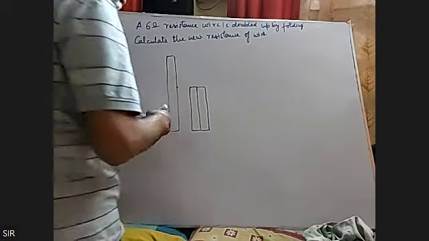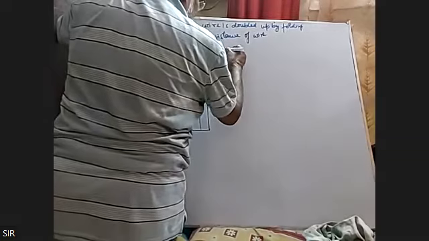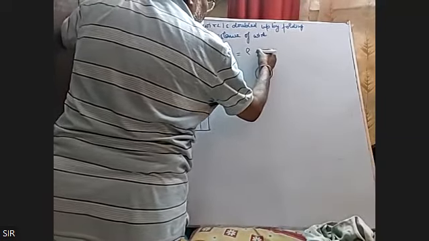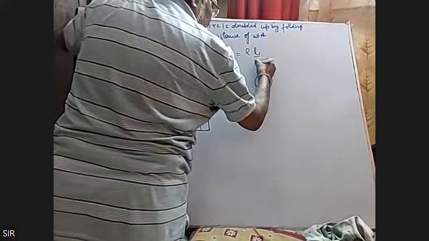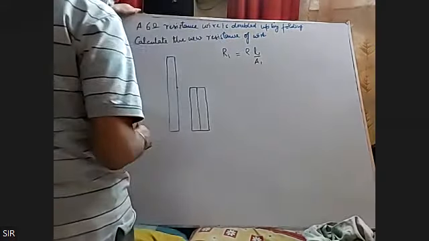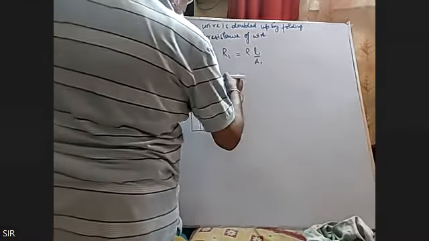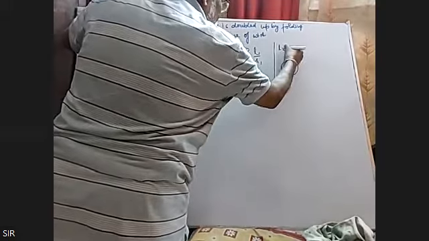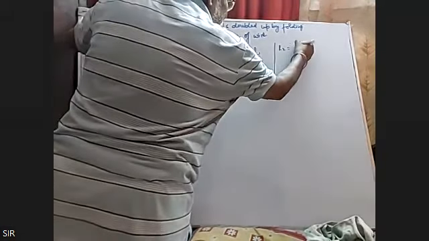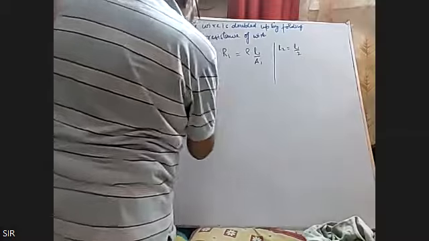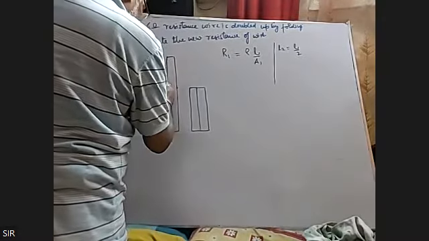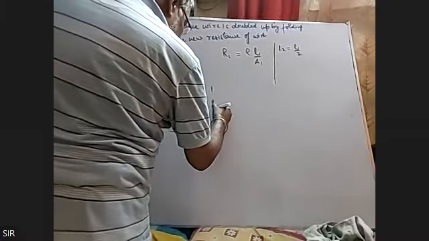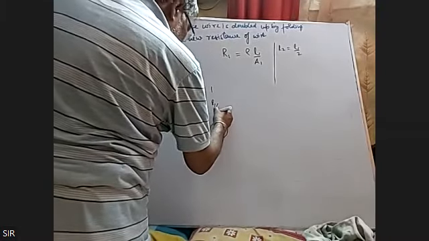Good, correct. See, R1 is what? R1 is equal to rho L1 upon A1, right? Now, here we will write L2 is L1 by 2. If this is L1, so this will be L1 by 2.